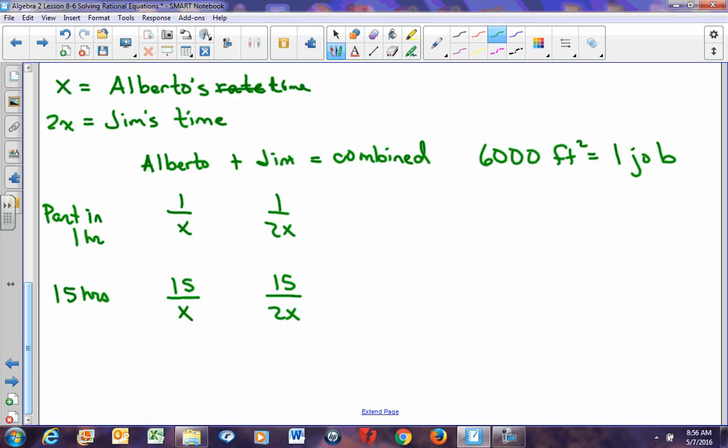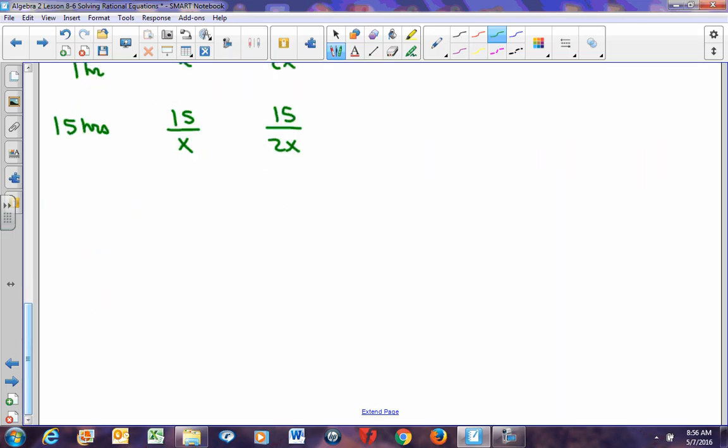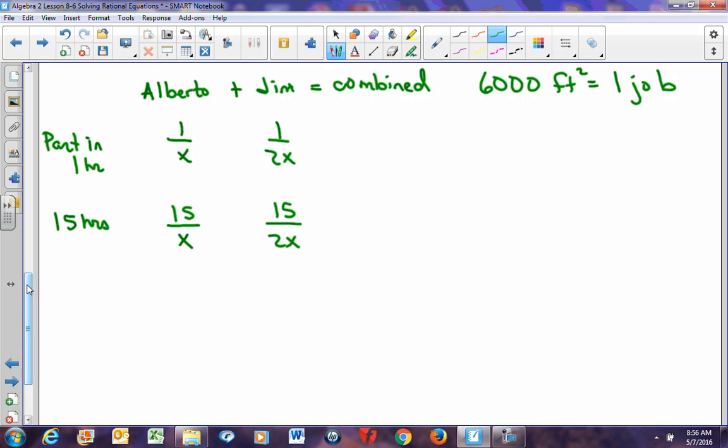Together they did it in 15 hours. So the part that Alberto did in the 15 hours plus the part that Jim did in the 15 hours got the job done. So that's my rational equation.